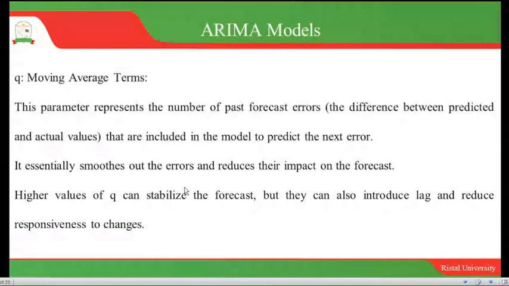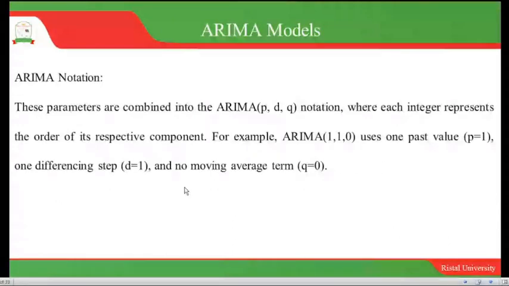Remember the ARIMA 200 we were talking about; we could also have ARIMA 110. It uses the first value, P, as 1, then the differencing step, D, as 1, and the moving average, Q, as 0. These values in brackets represent the p, d, q we have discussed previously.